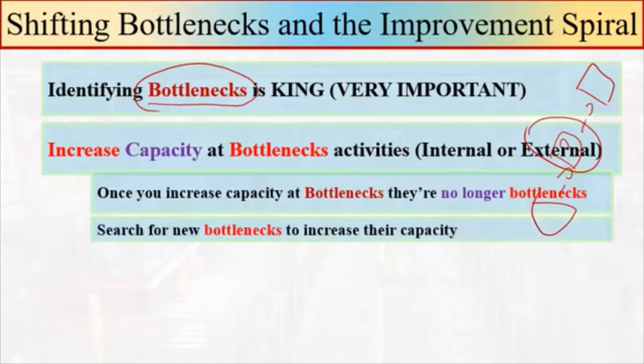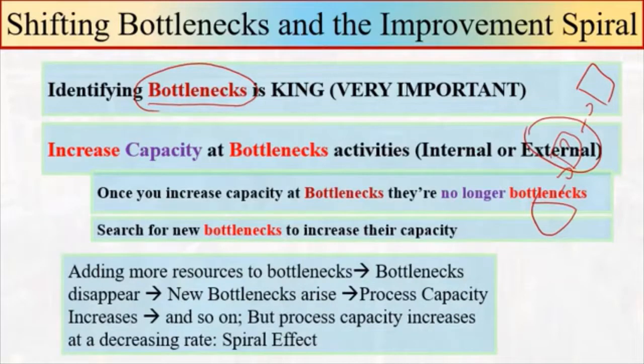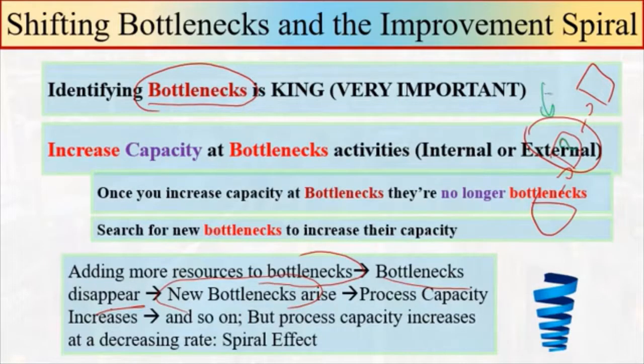But remember something very interesting that happens. Every time you add more resources to bottlenecks, they will disappear, but new bottlenecks will arise. Let's look at this example. This process is now the bottleneck. If we add more resources, maybe this one will now become the bottleneck.